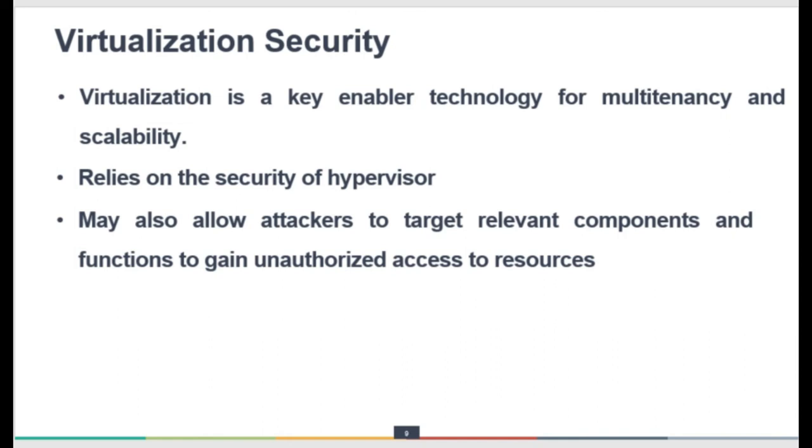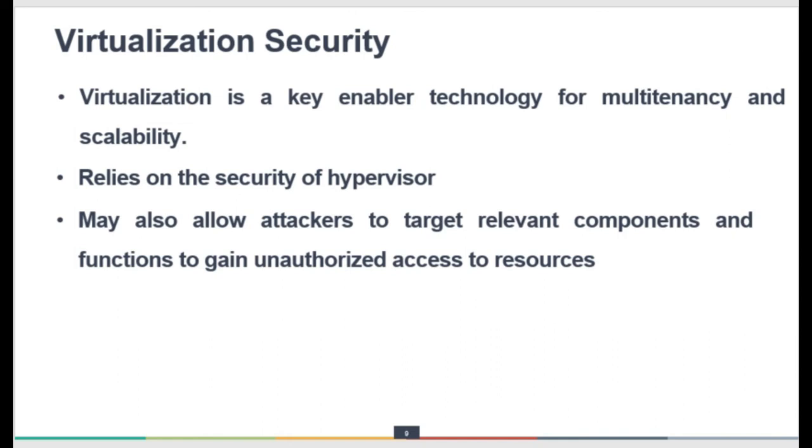So this is the key enabler technology for multi-tenancy and scalability. And the whole virtualization security relies on the security of hypervisor. It may also allow the attackers to target the relevant components and functions to gain unauthorized access to the resources.